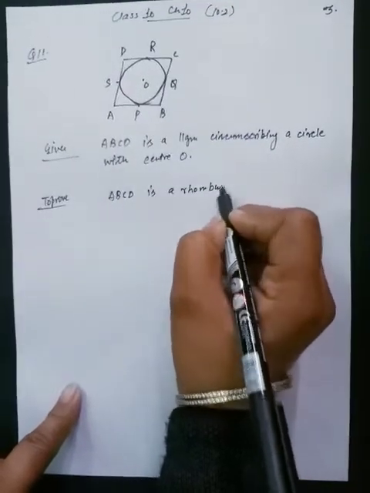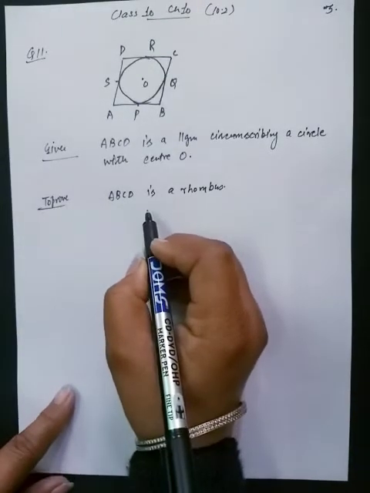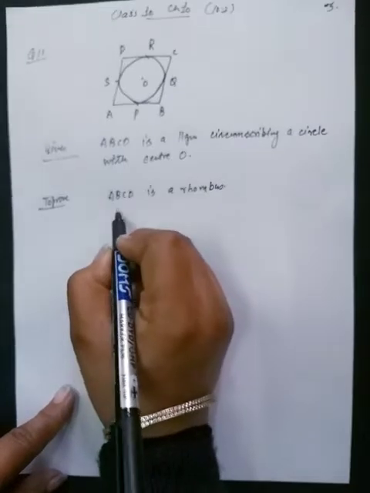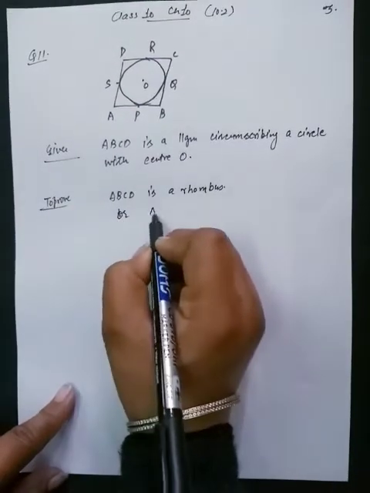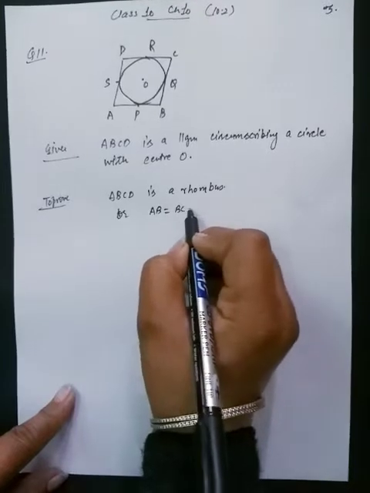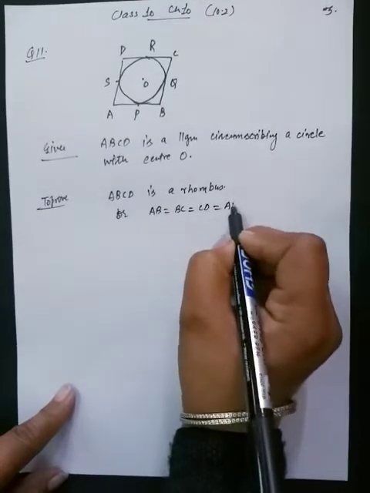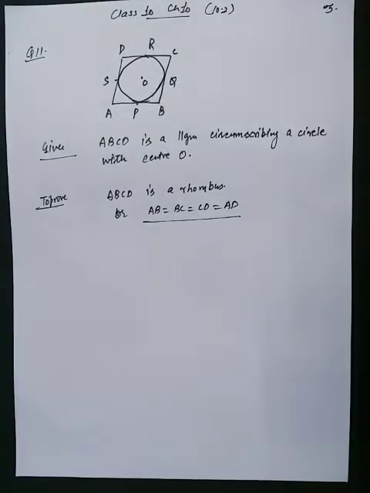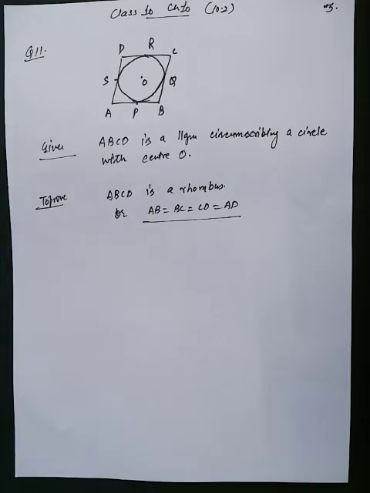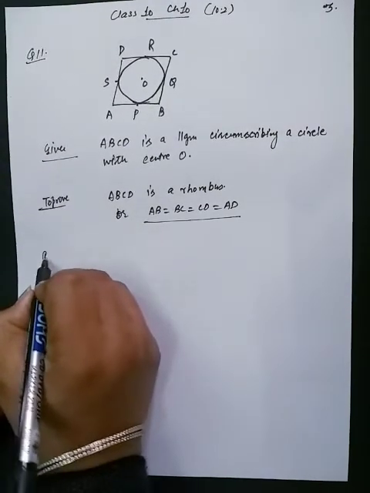ABCD will be a rhombus if we prove that AB is equal to BC is equal to CD is equal to AD. It means we have to prove that all its sides are equal in length.